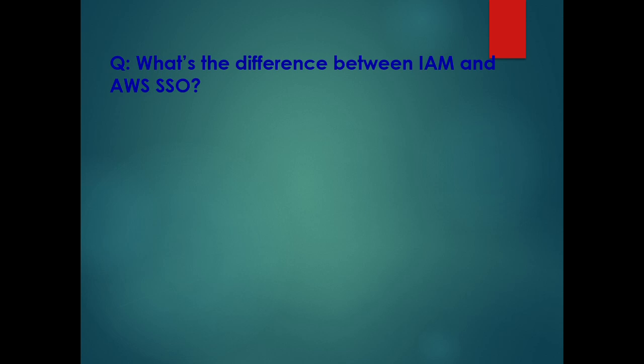What is the difference between IAM and AWS SSO? IAM manages individual users, whereas SSO manages access across AWS accounts. What is the default IAM password policy? No complexity rules by default.